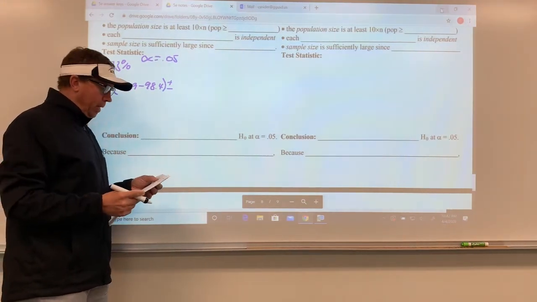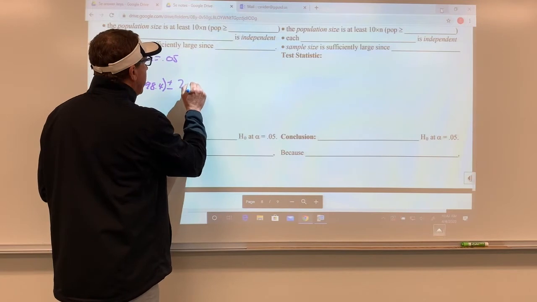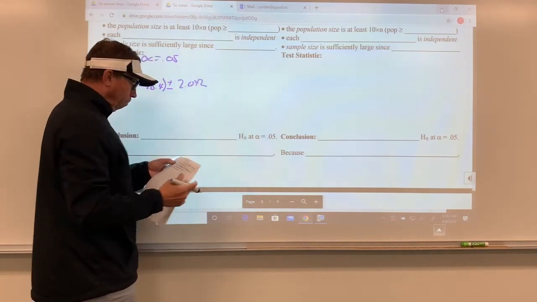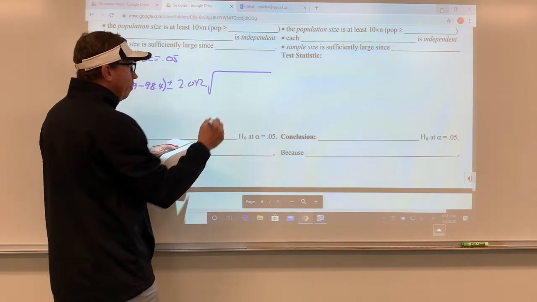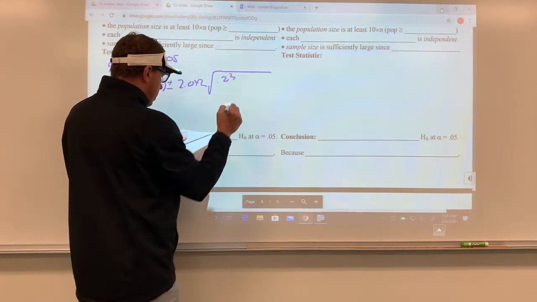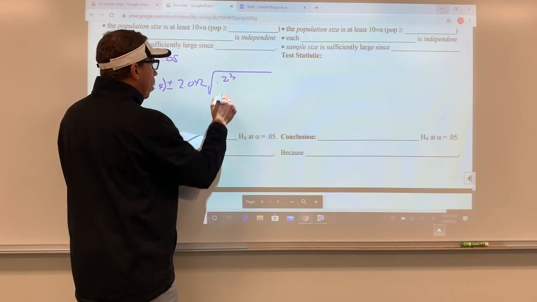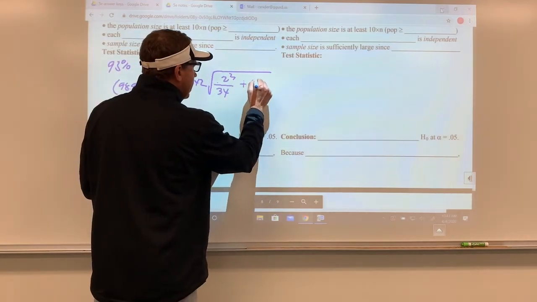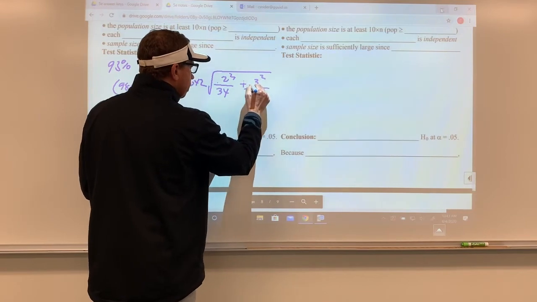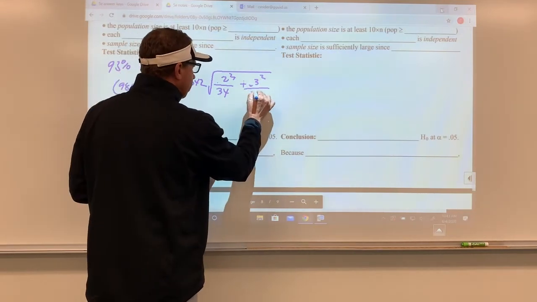It's got to go to 30. So that's going to be 2.042, and I'm going to multiply that by the square root of 0.2 squared over 34 plus 0.3 squared over 32.